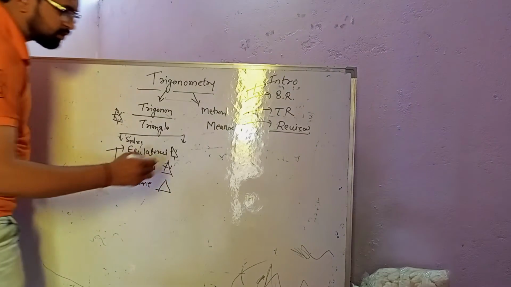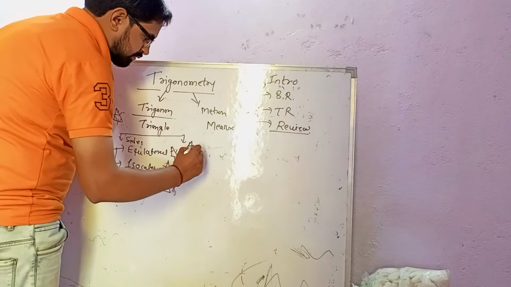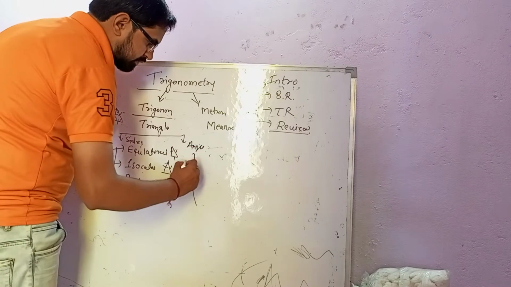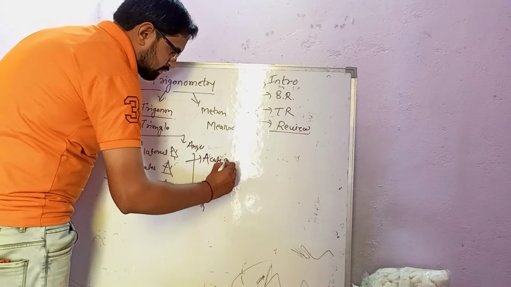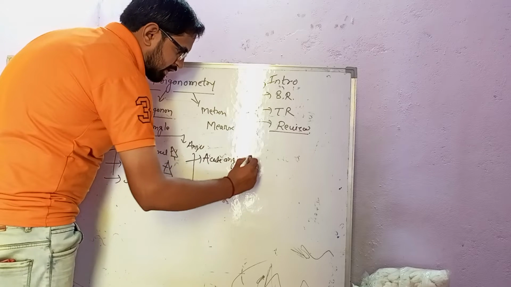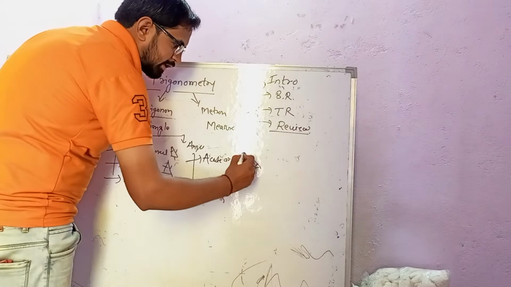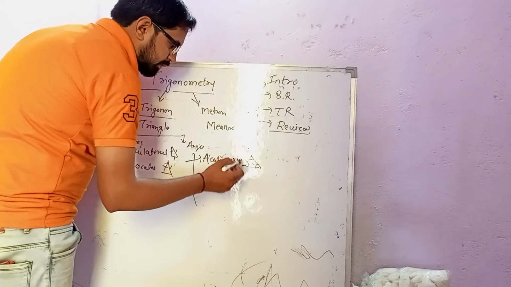Okay. Now on the basis of angles, we can also divide the triangle. First, the acute angle triangle, where all angles measure less than 90 degrees.